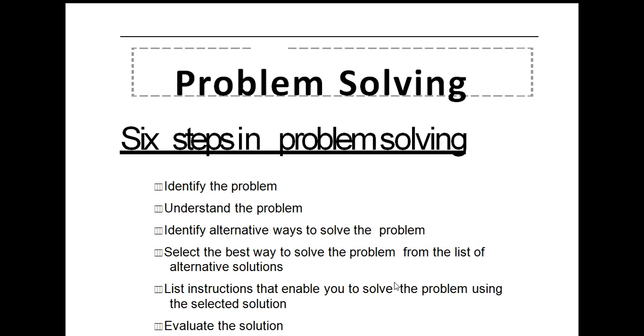And the fifth step is to list instructions that enable you to solve the problem using the selected solution. Suppose you choose the way that is least traffic, then you should proceed and move accordingly. So the steps depend on the chosen path, and you should select the steps accordingly.